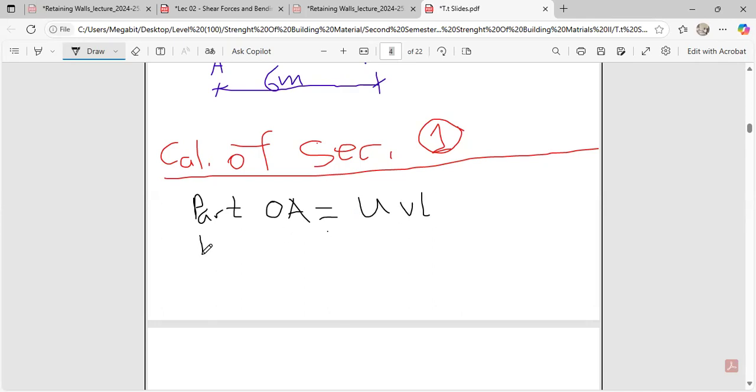And then the loaded length. The length over here is equal to 3 meters. Yes, our length over here is going to be just 3 meters.